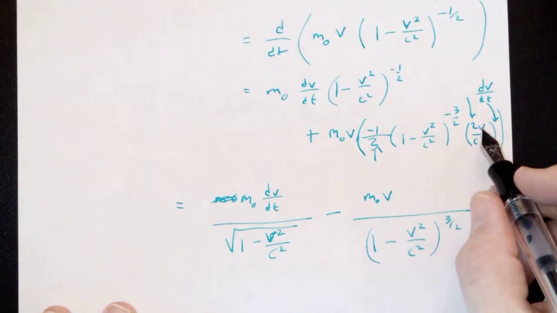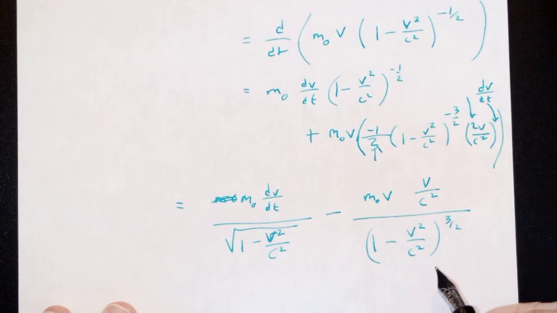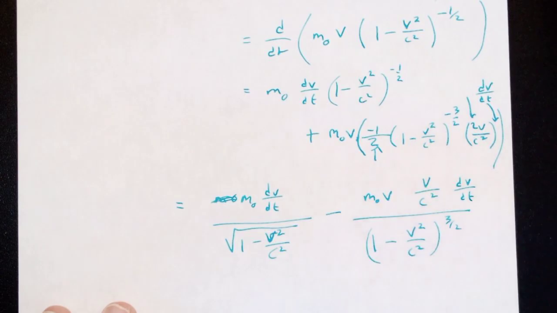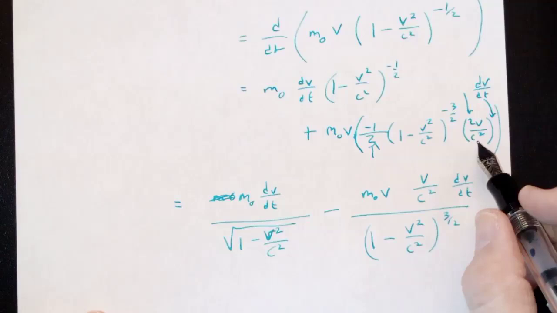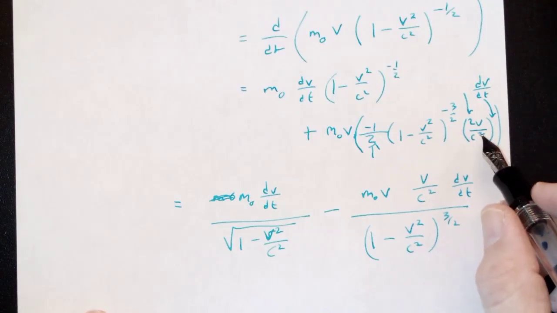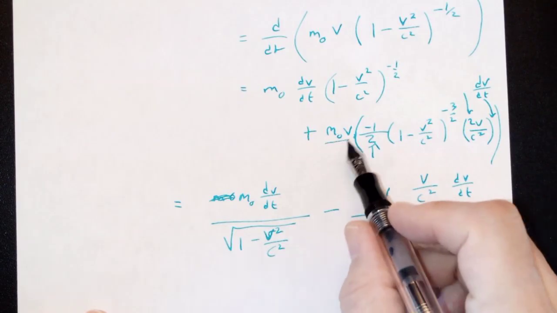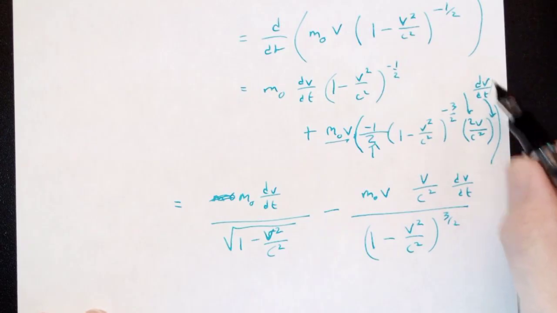So I'll get v over c squared and a dv dt. Two v over c squared, that's going to stay on the top. But the 2 cancels with the 1/2. The minus went here. This stayed on top.